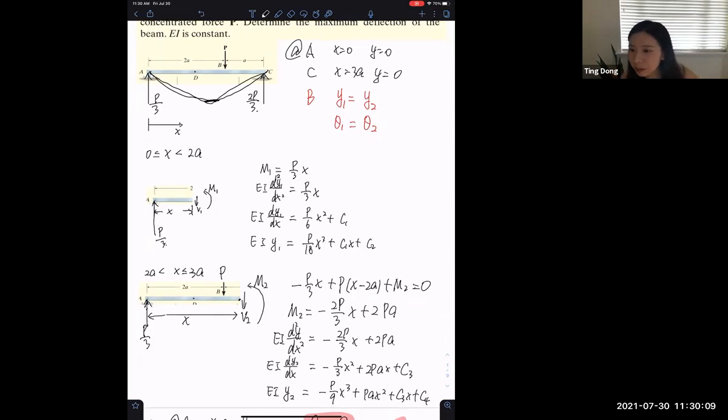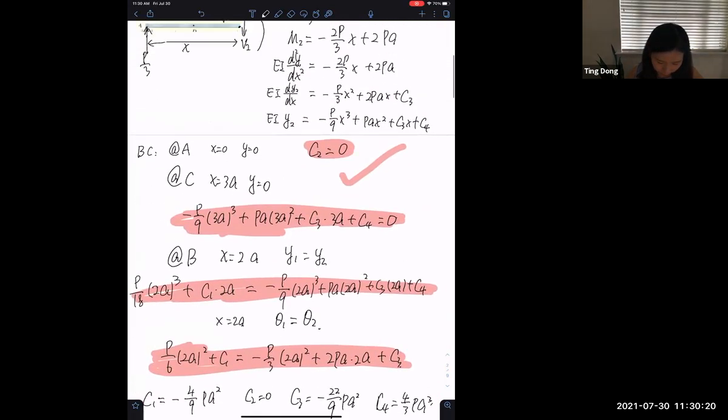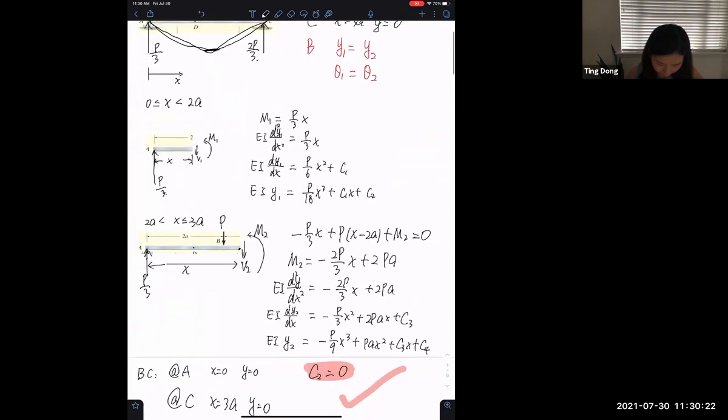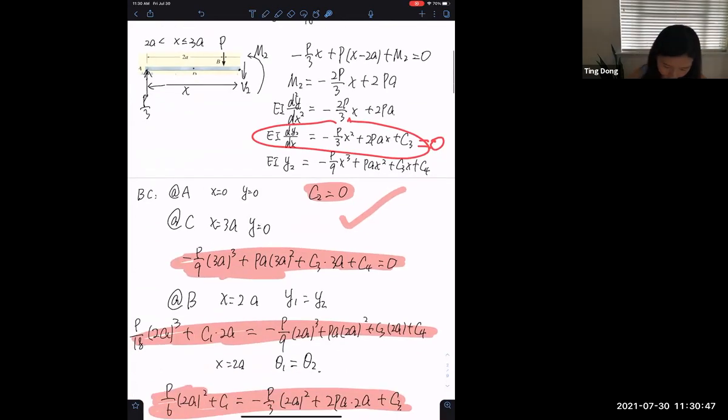So yes, mathematically, for the maximum deflection point, we just need to find dy over dx equal to 0. So you're welcome. So now let's say we know that the maximum deflection point is between 0 and 2a. So we need to use this equation. It's here directly, right? We already derived dy over dx in this part. So we can set this one equal to 0. And then the corresponding x is where the slope is equal to 0 and deflection is maximum.